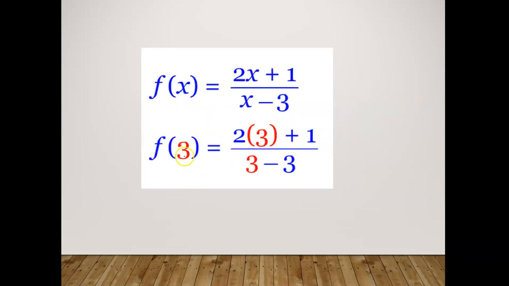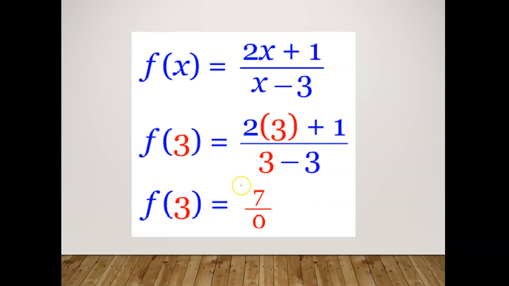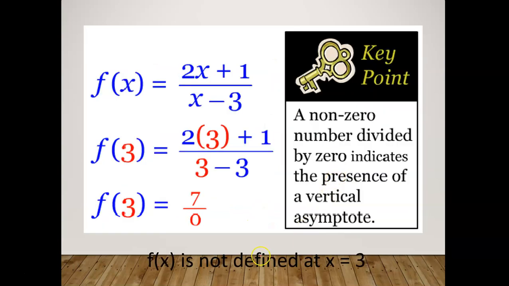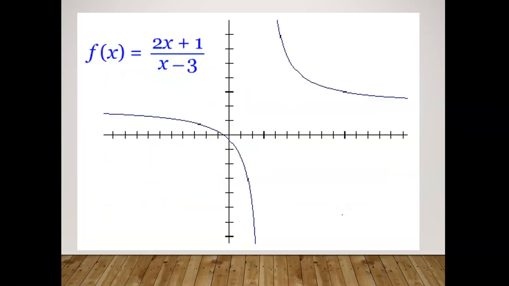When you substitute x = 3, you will get 7 over 0. 7 divided by 0, you will get undefined. f(x) is not defined at x = 3. So this case actually indicates the presence of a vertical asymptote.